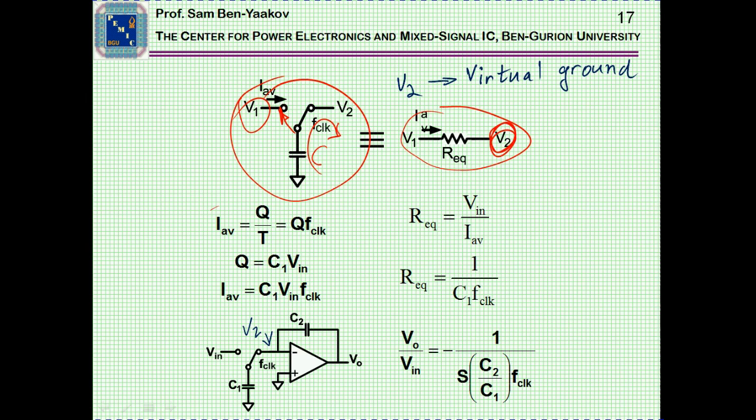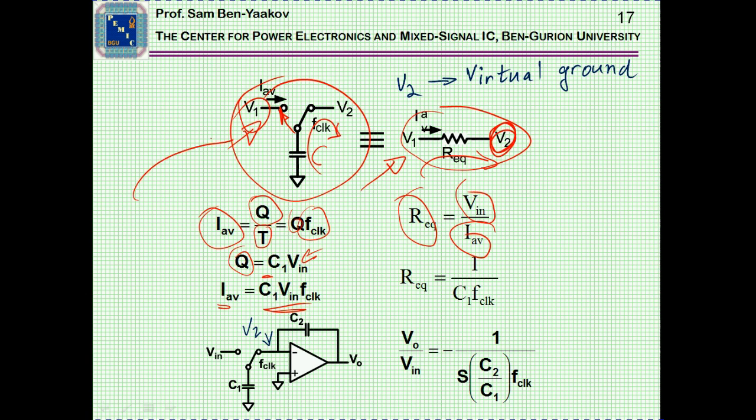Now the average current will be the charge over the period, or charge times the frequency. Charge is capacitance times voltage, V in, which is coming from here. So the average current is this value, and the equivalent resistor is the voltage that we see here divided by the average current that is flowing here.